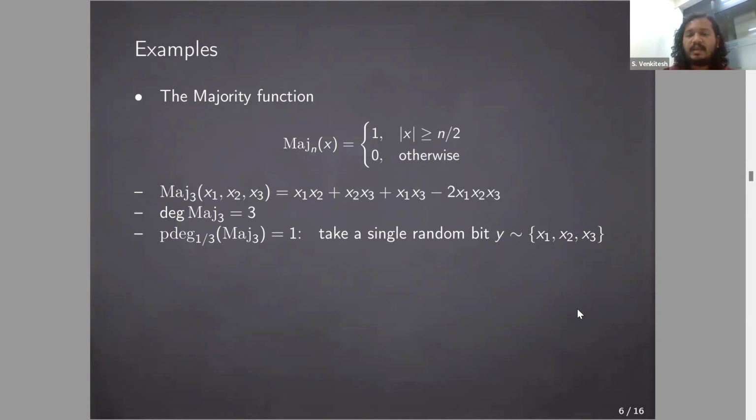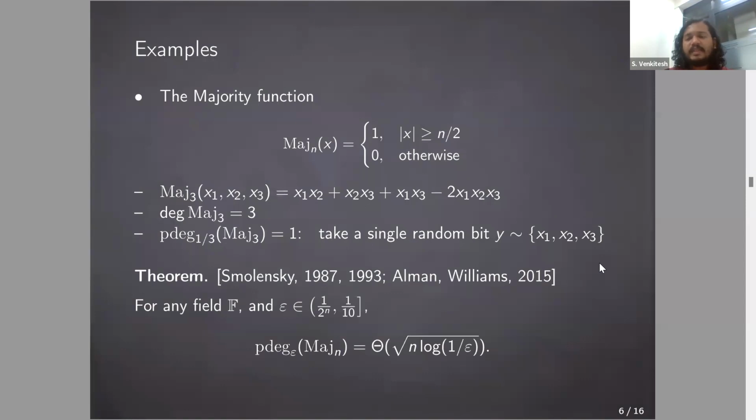Why is that? It's fairly easy to check that if you simply take a single random bit uniformly and independently among x1, x2, and x3, that will be a probabilistic polynomial for majority with error 1 by 3. All right, so the p degree has come down to 1 in this case.